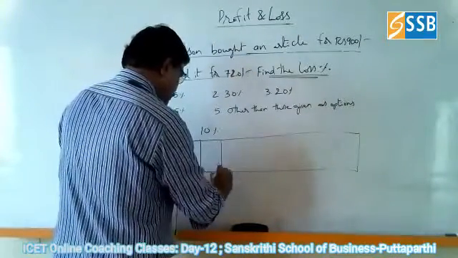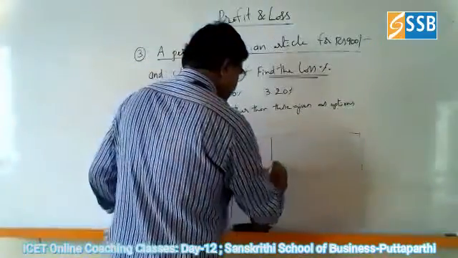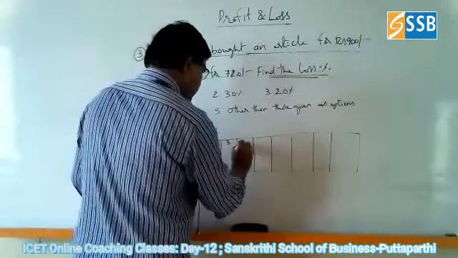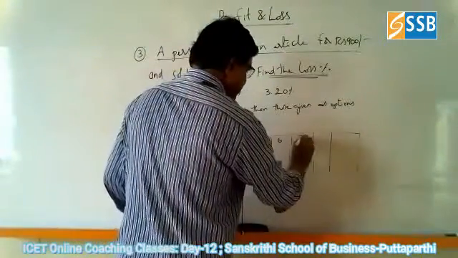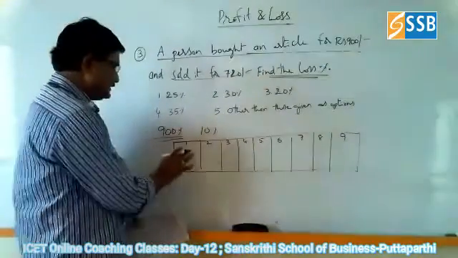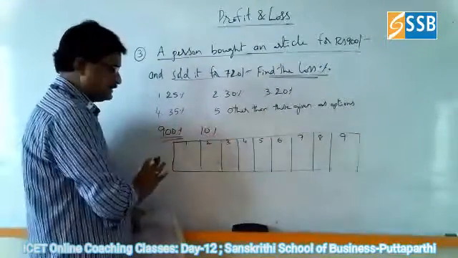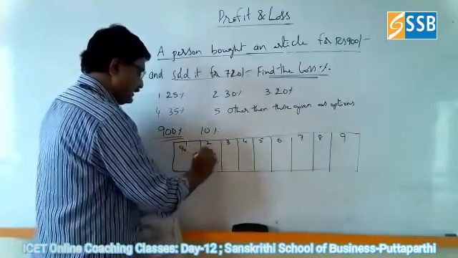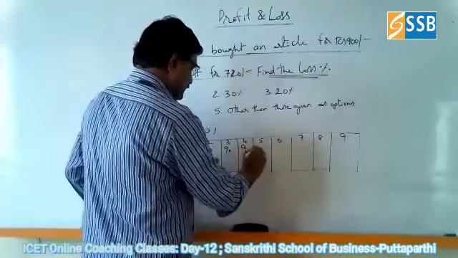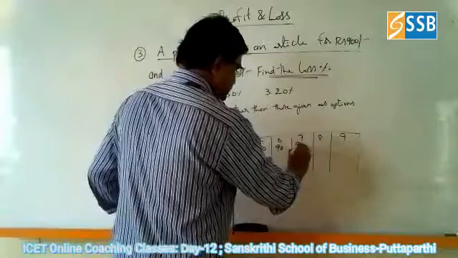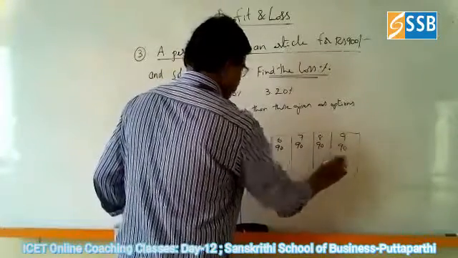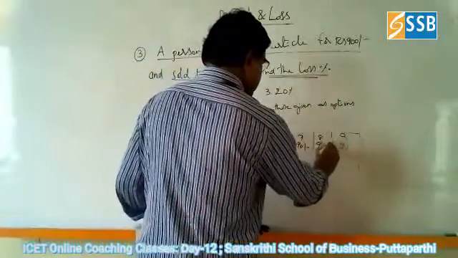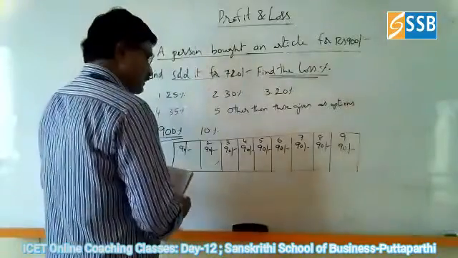So 1, 2, 3, 4, 5, 6, 7, 8, 9. This 900 rupees, I split it into 10 parts.